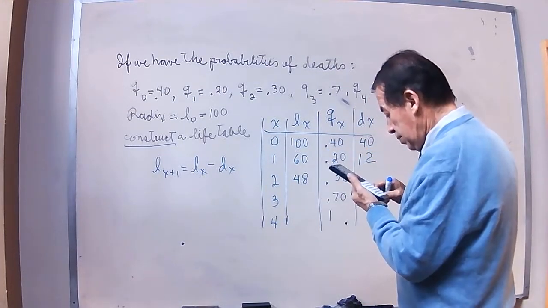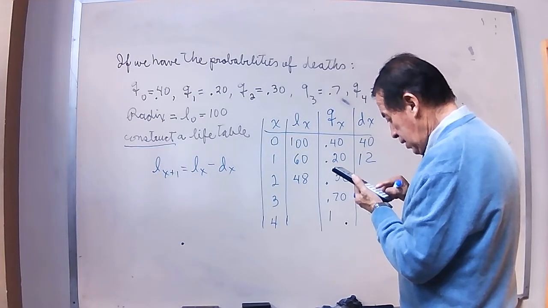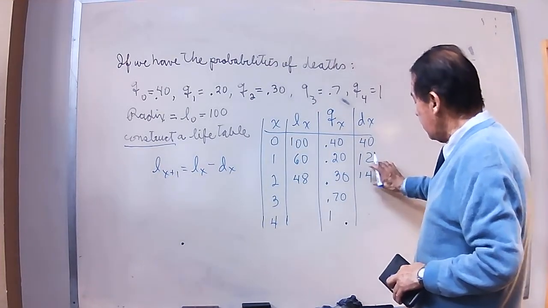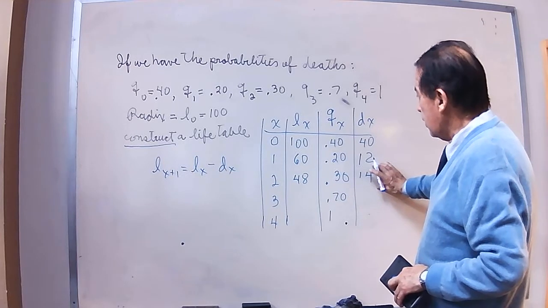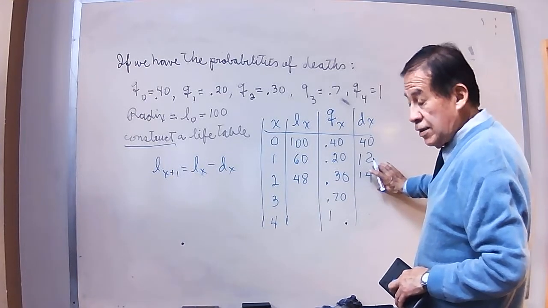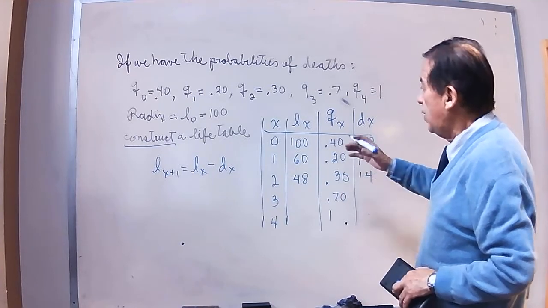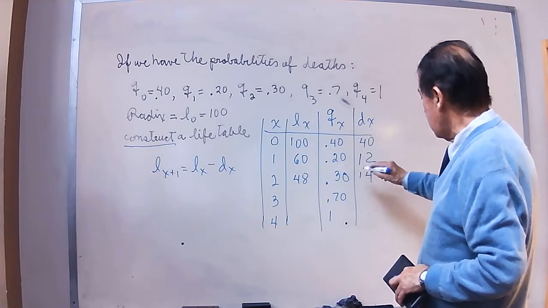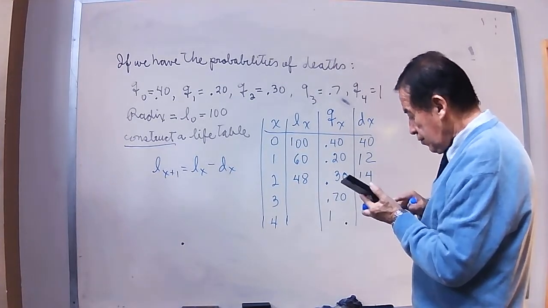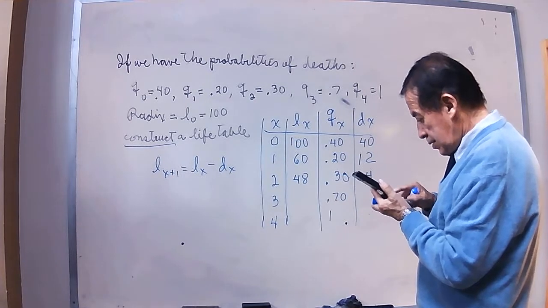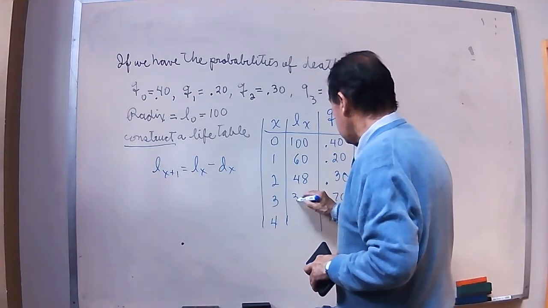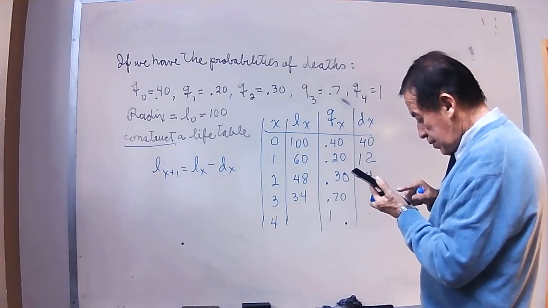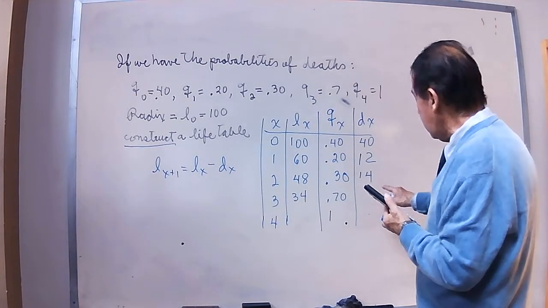48 multiplied by 30% gives 14.4. But these are persons alive, so we cannot consider decimal places because we don't have half persons. We always have integer persons. So we take the integer number, which will be 14. 48 less 14 gives 34 persons remaining alive at age 3, which we multiply by 70%, giving 23.8.